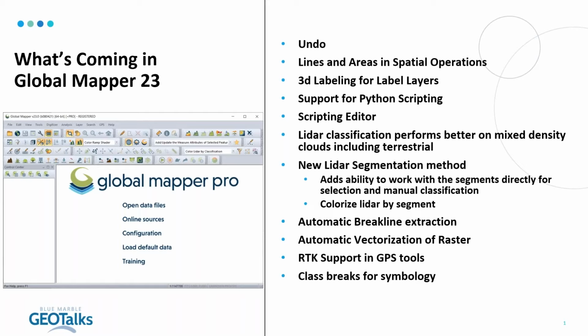Class breaks. This is another kind of fun one. I'll mention class breaks is going to definitely be found in the base version of Global Mapper. This is supporting a few new methods for breaking up classes of data, sometimes referred to as Jenks or natural breaks. There's a few ways.